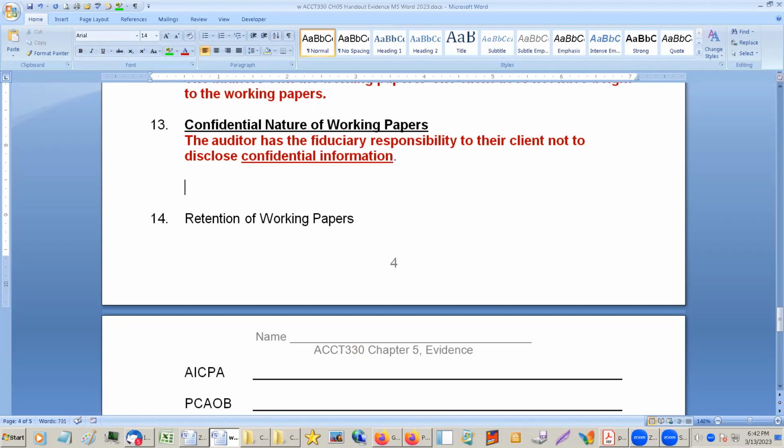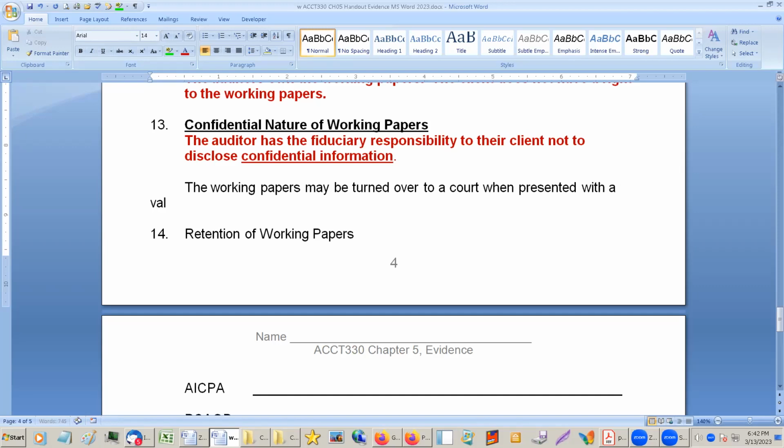However, the working papers can be presented to a court with a valid subpoena.